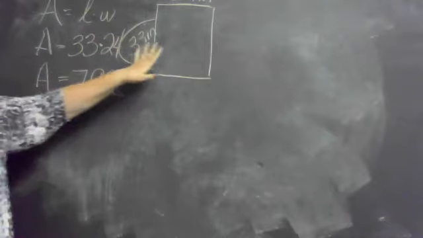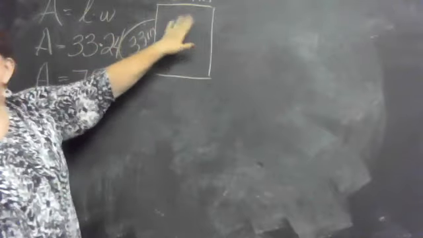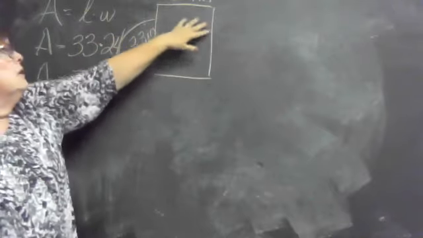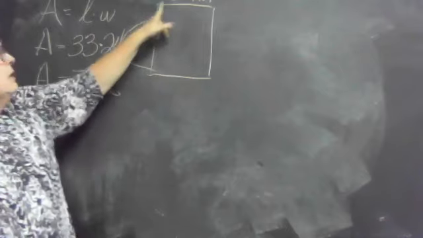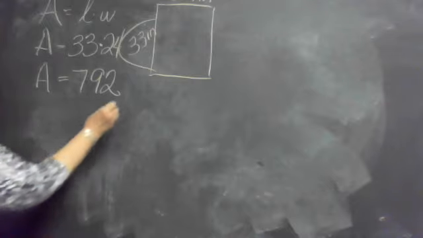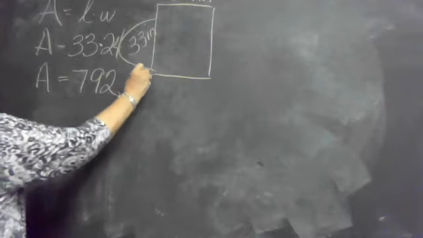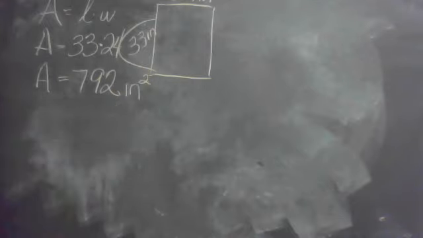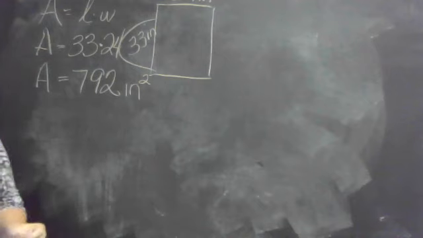Okay. Now in this case, area is finding everything in here, all the little squares in here. And so it's 2-dimensional. Area is 2-dimensional. So our units are going to be inches squared because we're finding all those little squares.